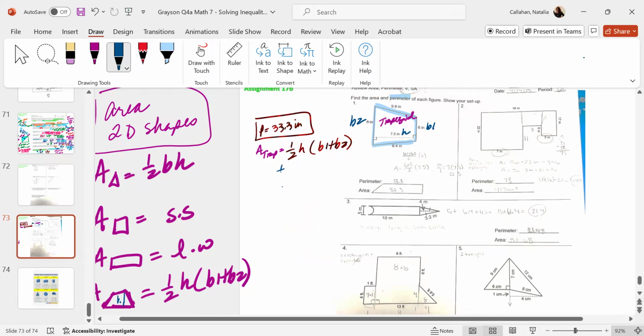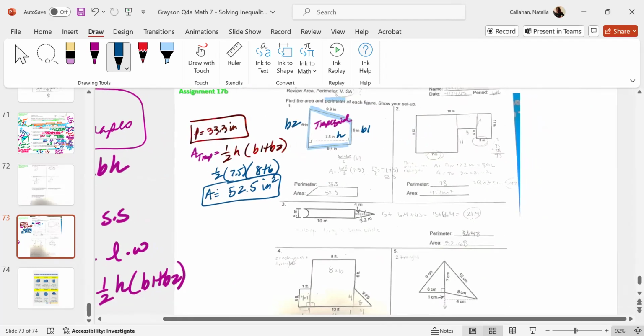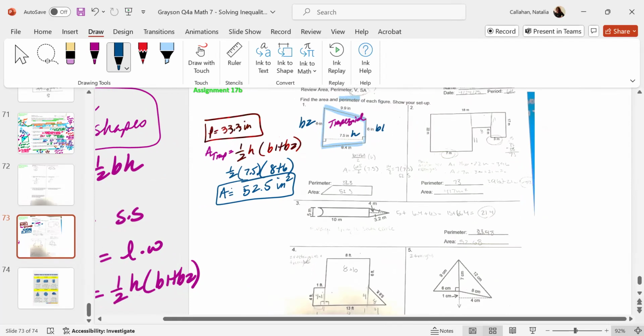You need to label it too. That's how you would do number two.